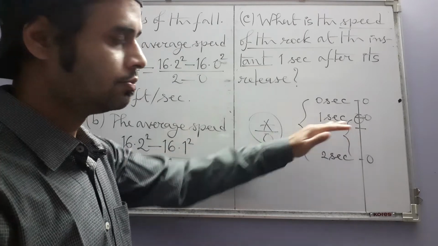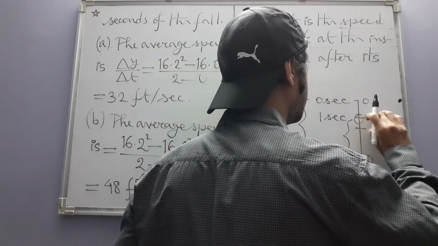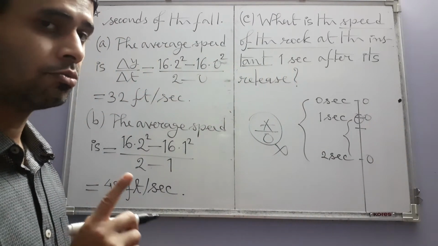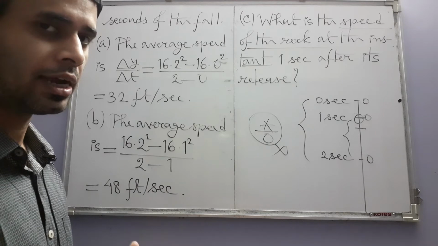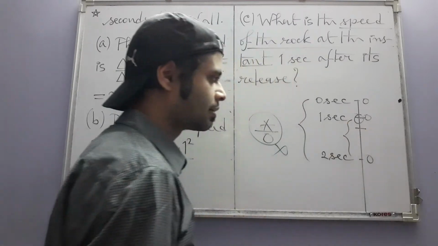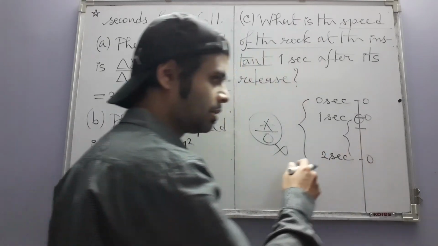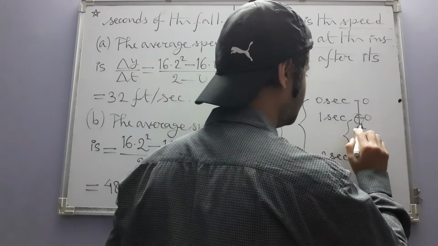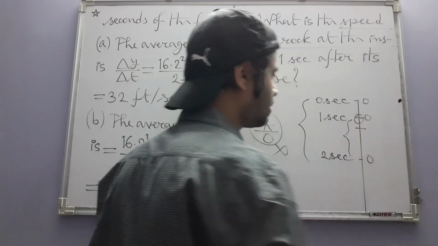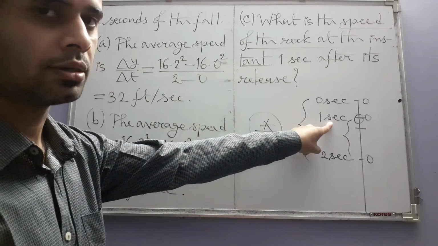So that's why what we will do is this. We will in fact again calculate average speed, but not one average speed, but many average speeds in different intervals, and this can also be done in several ways. We will see all these things in some interval that contains the 1 second mark.